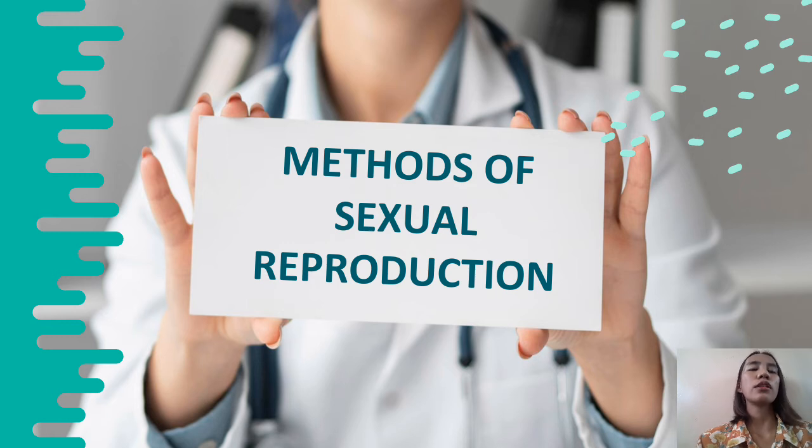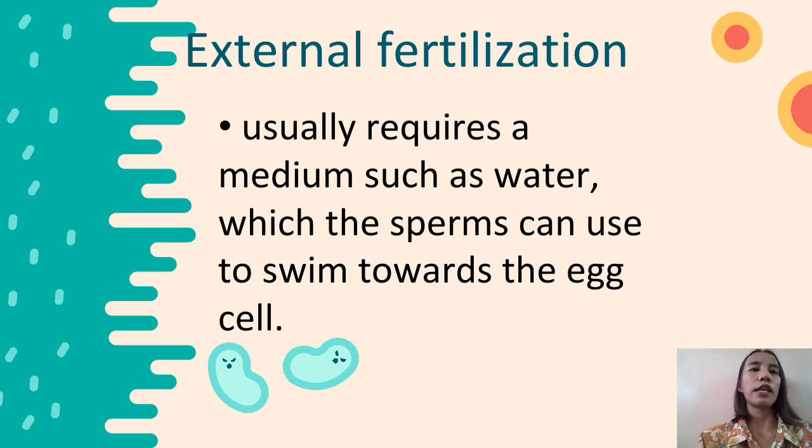In sexual reproduction, we have external fertilization. External fertilization usually requires a medium such as water which the sperm can use to swim toward the egg cell. Okay? So it means it occurs outside the body. So an example of this is the frog, right?